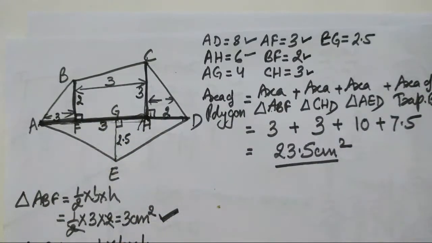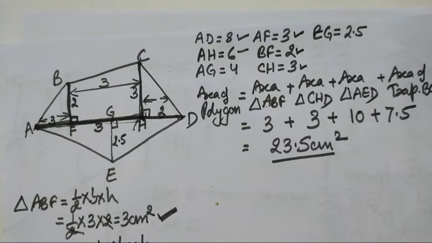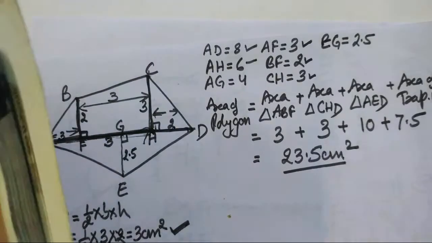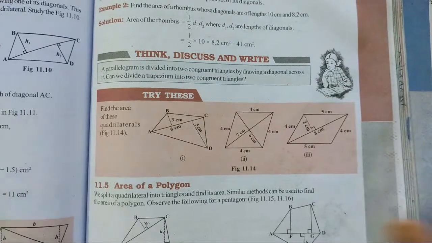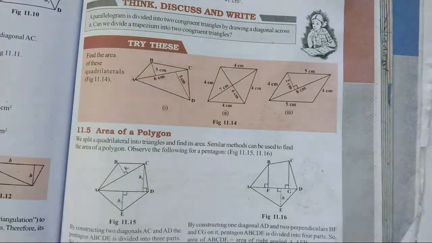In the same way, there may be a question where you are asked to find the area of a polygon where the shape is given in the form of a triangle or any other shape. So we will simplify by finding the areas of the parts in pieces. Like if you see these questions, here the parts are given.